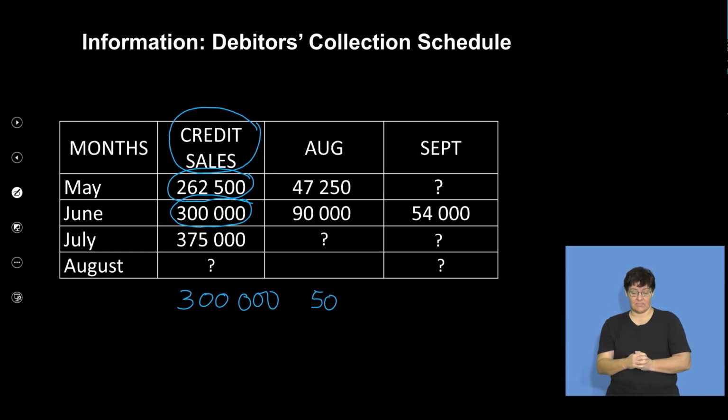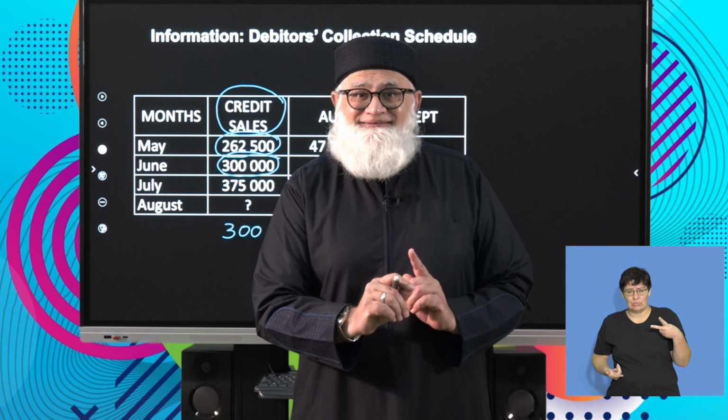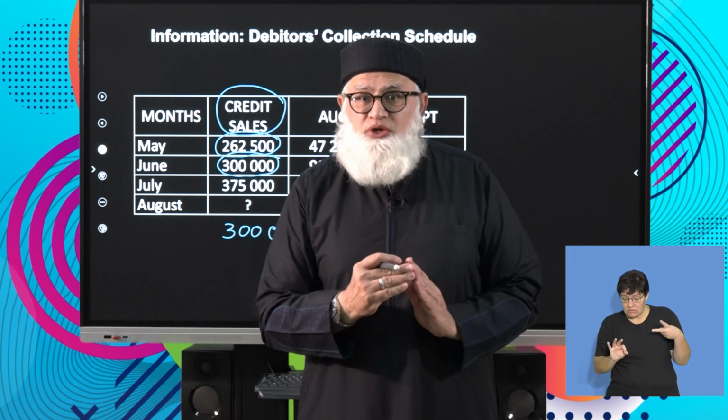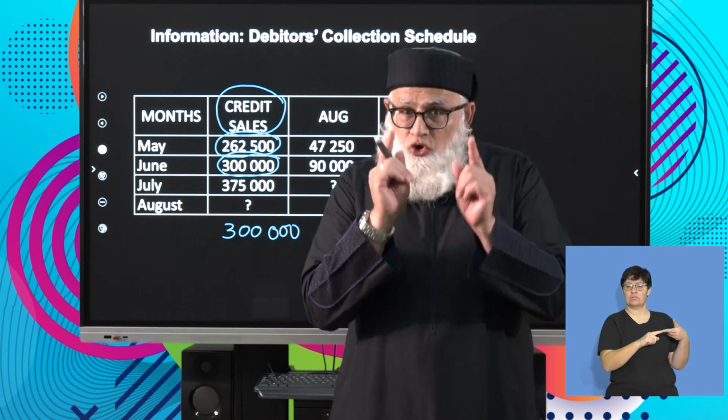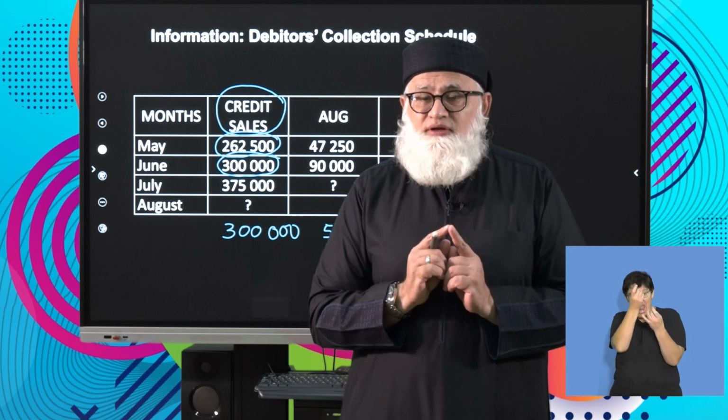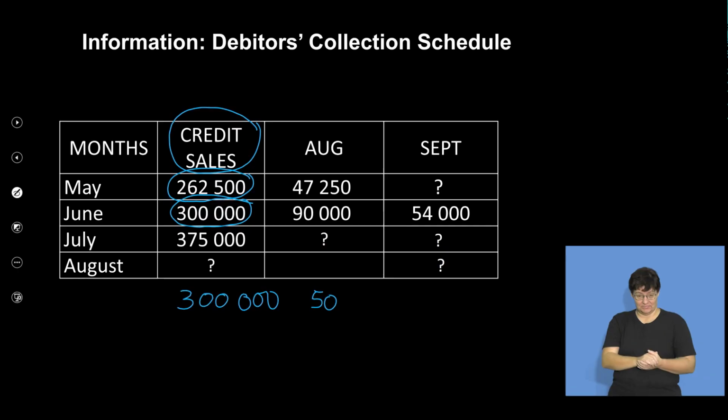In August, I'm going to be receiving a percentage, but I don't know what the percentage is. In the previous question, you were given the percentage, but look at the information that you have. Here we go. You are told that in August, you are receiving 90,000, right?